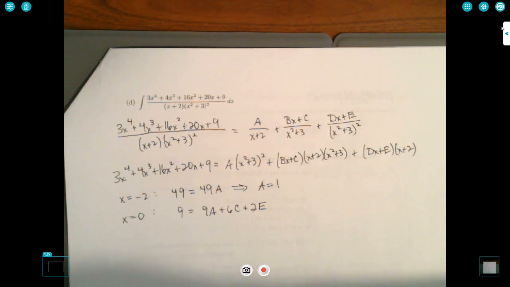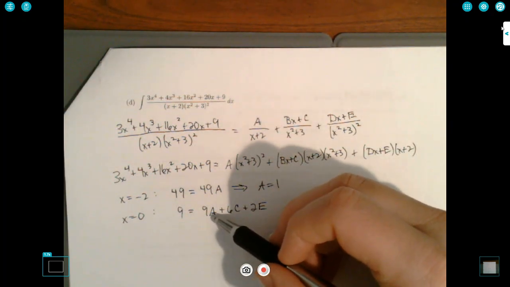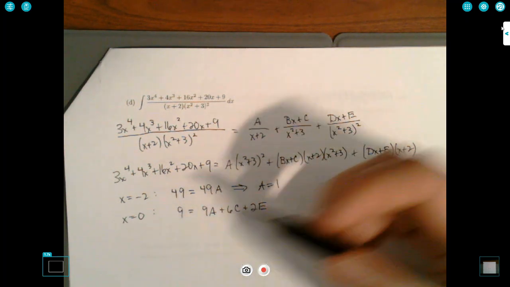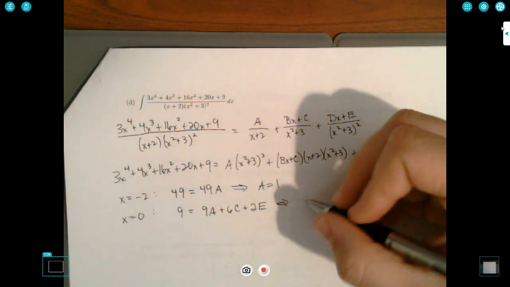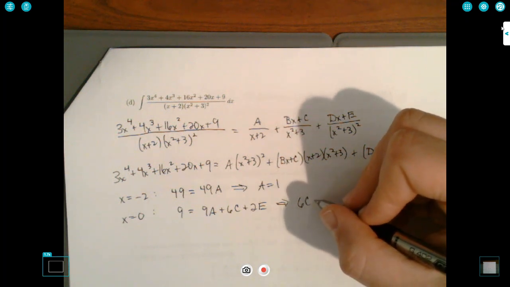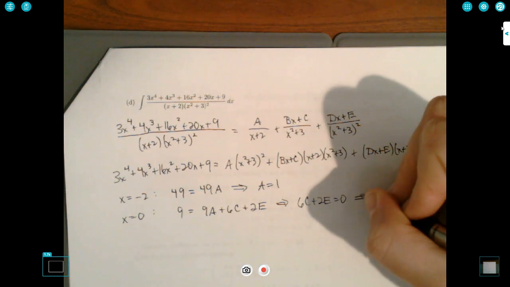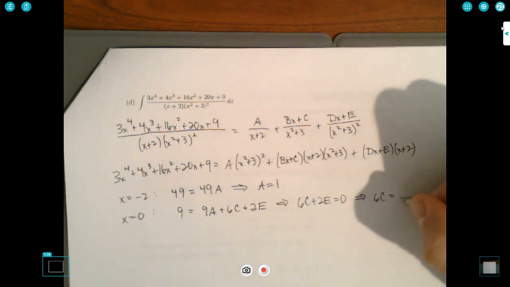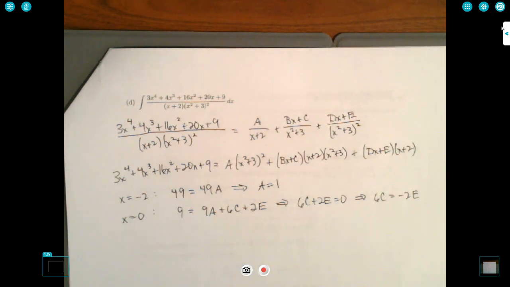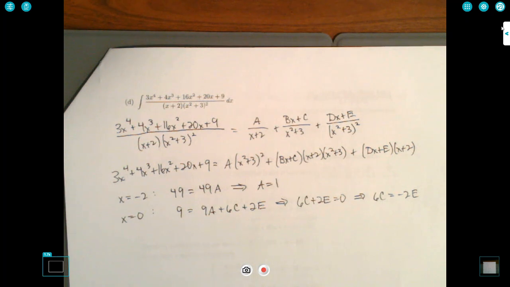And I know that A is 1, so that means I would just get a 9 here, and if I subtract it, I get 6C plus 2E equals 0, or in other words, 6C equals negative 2E. So I didn't manage to solve for E or C, but at least I can make those replacements now if I need to later.